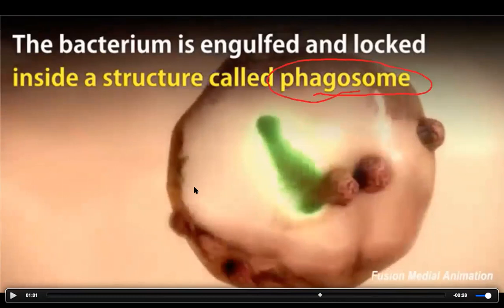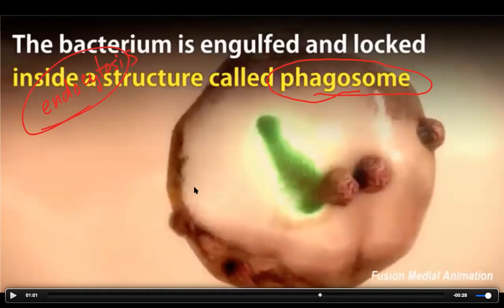So when white blood cells engulf a pathogen, the process that's being used is phagocytosis, and it's a version of endocytosis, if you remember. Endocytosis is a process of bringing in large particles or a large amount of small particles into the cell.